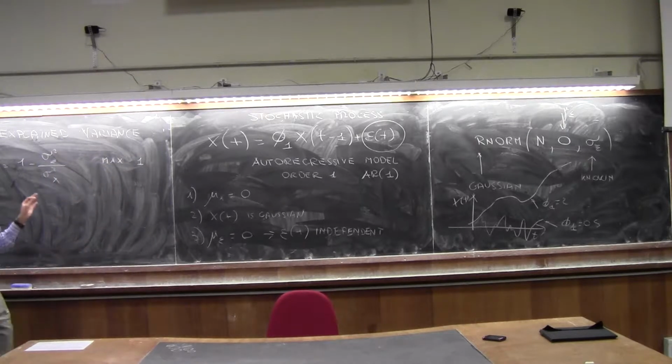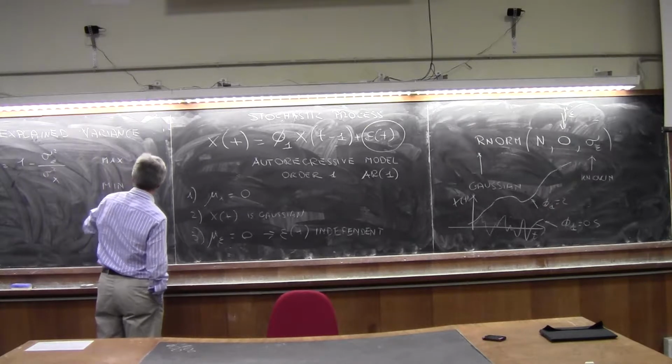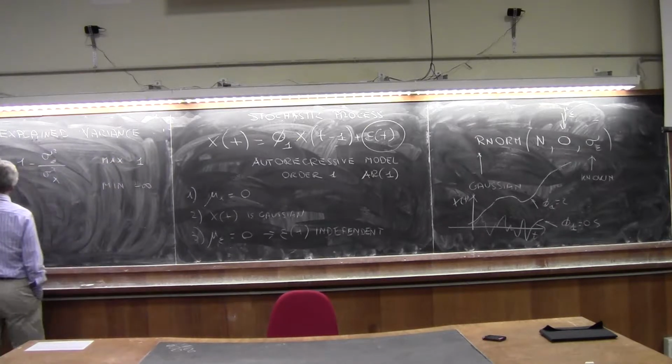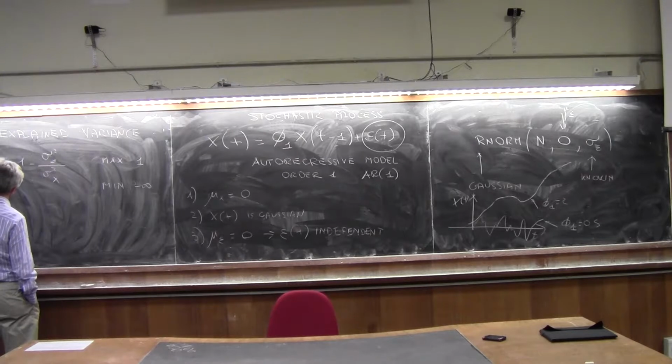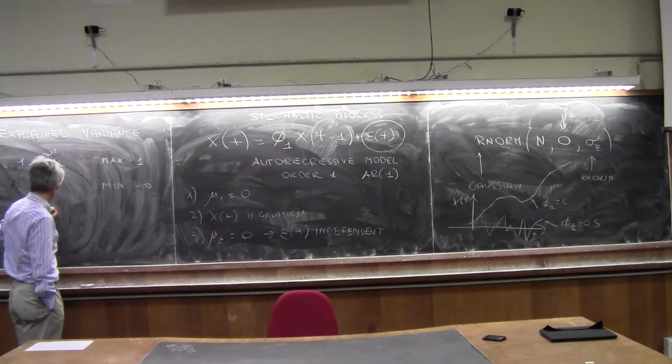This is similar to the Nash efficiency, by the way, very similar. And min is minus infinity. Like the Nash efficiency, if the explained variance is 0, then the model is useless.